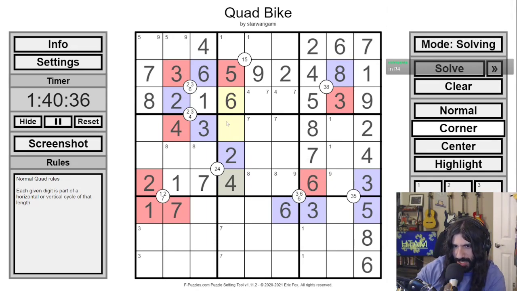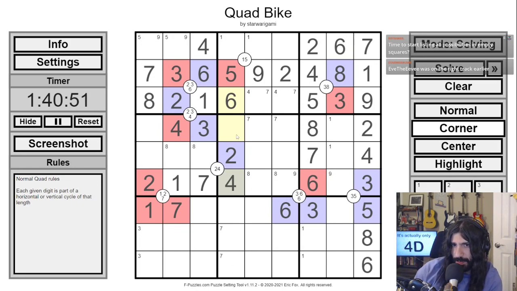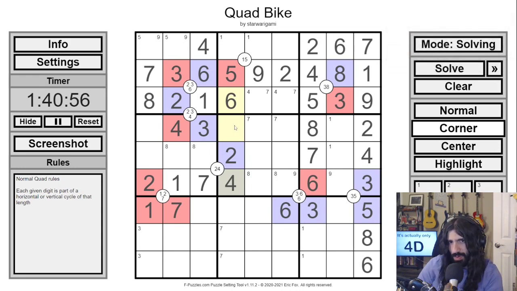So this can't be a 7. It also can't be an 8, by the way. So it can't be either of these. So this is either 1 or 9. If this was a 9, could this be a 3? Or this would have to be a 1 and this would have to be a 3. So this is either a 1 or a 9, right?